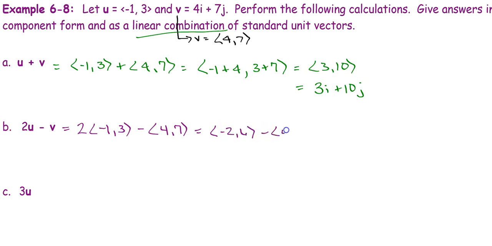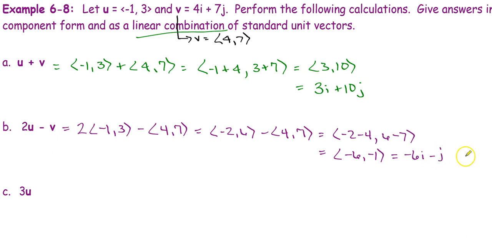And then minus the 4, 7. So this is going to give me negative 2 minus 4, and then 6 minus 7. So this is going to give me negative 6, negative 1. And then again, if I write that into its linear combination form, we're going to go negative 6i minus j. You can do minus 1j if you want.